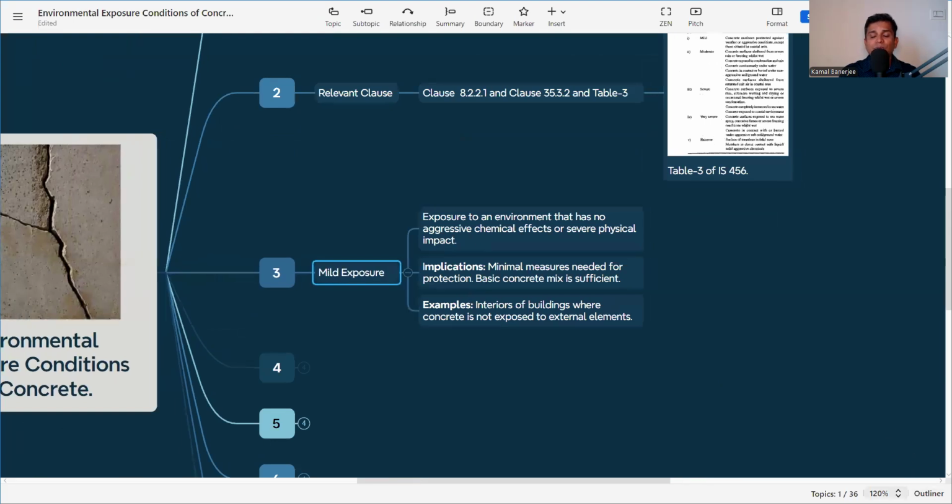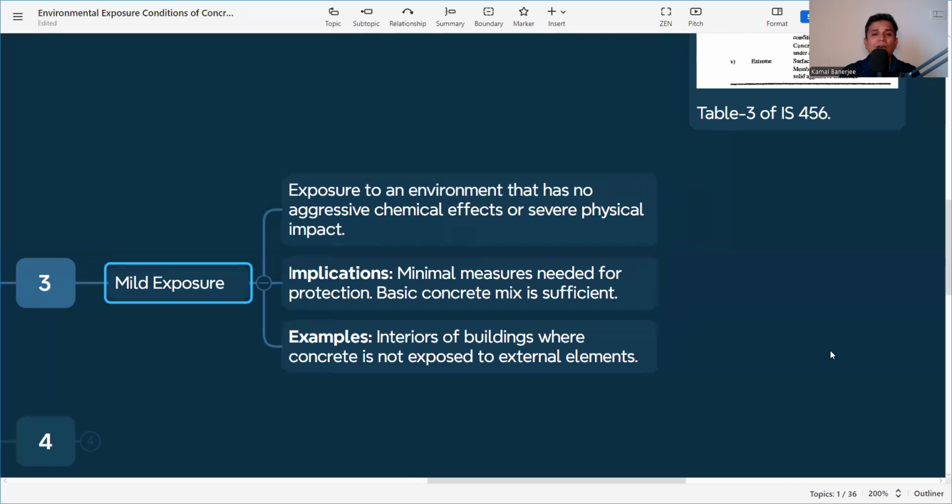See, mild exposure means exposure to an environment that has no aggressive chemical effects or severe physical impact. That means it is an ideal situation. The concrete will not be affected by the environmental condition, because the environment is favorable for the concrete, with no aggressive chemicals and no severe physical impact.